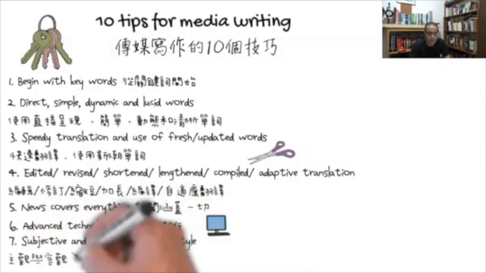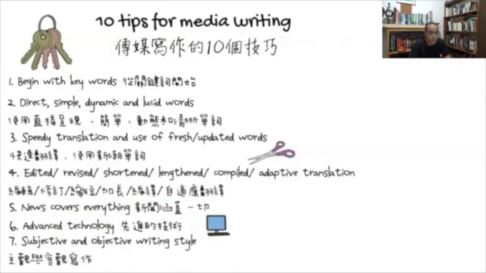Tip number 7. Be subjective in your opinion, but write in objective style. Meaning, when you write a news report, you must use an objective style, objective writing style. You cannot use subjective, emotional words.